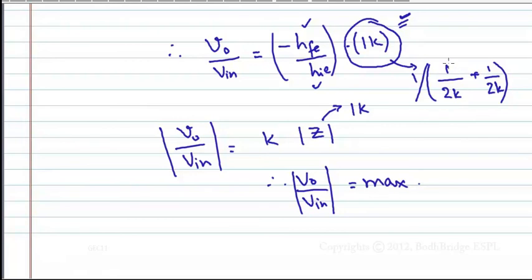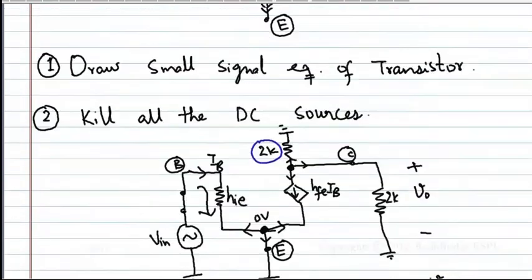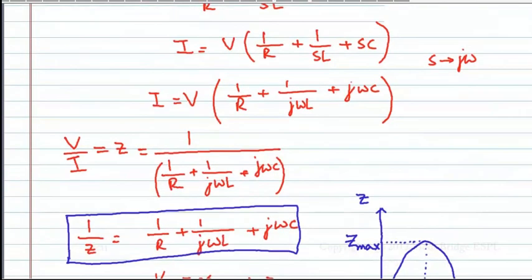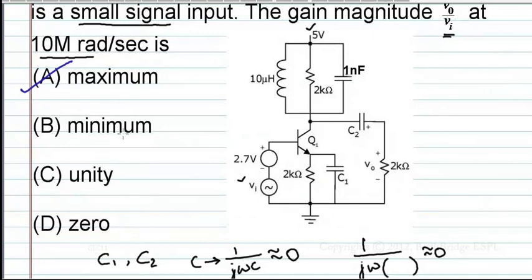If it was some other thing, it would simplify to less than 1 by K. You are understanding? If it was not resonance, we will get something less than 1000 ohm, which means V output by V input magnitude will be less than this one. This is the maximum it can achieve. Because of resonance, we are getting 1K here. Therefore, V output by V input is maximum at this point. Fine.